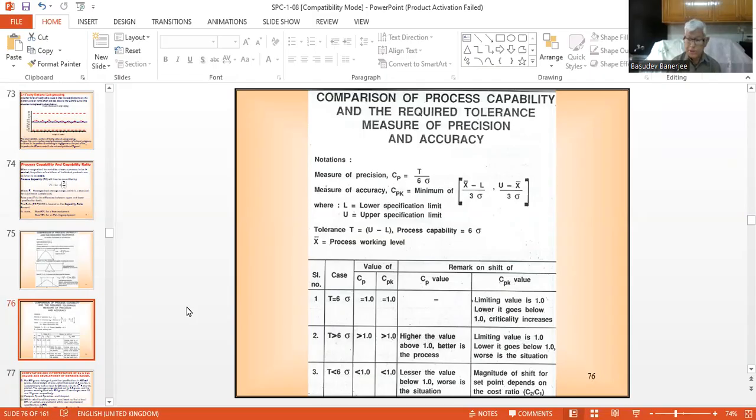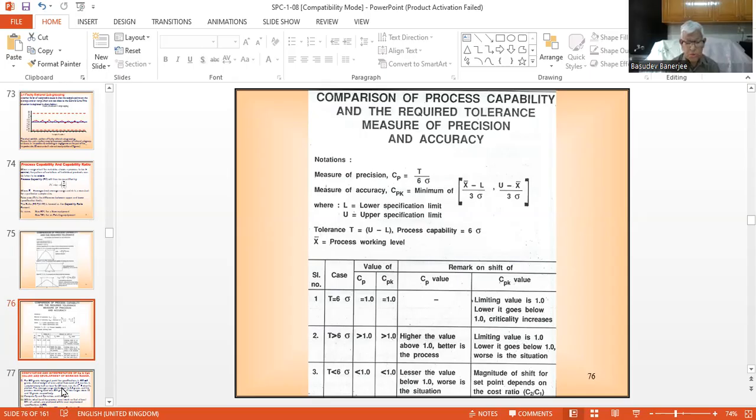Measure of accuracy will be given by the minimum of X double bar minus L by 3 sigma, with sigma estimated from R bar by D2, and U minus X double bar by 3 sigma, with sigma estimated from R bar by D2. So L is the lower specification limit and U is the upper specification limit.